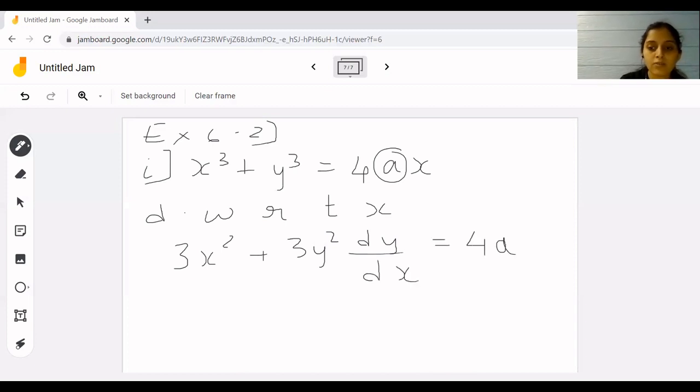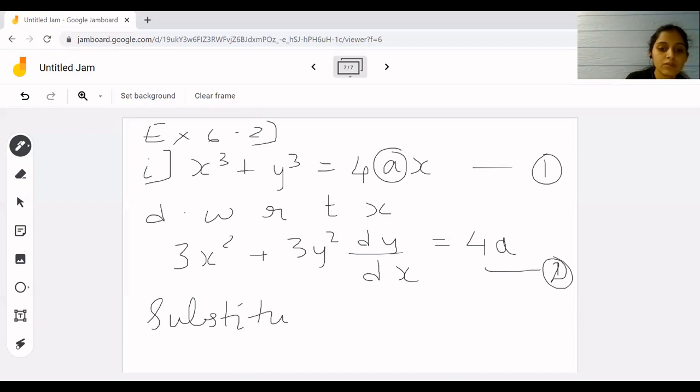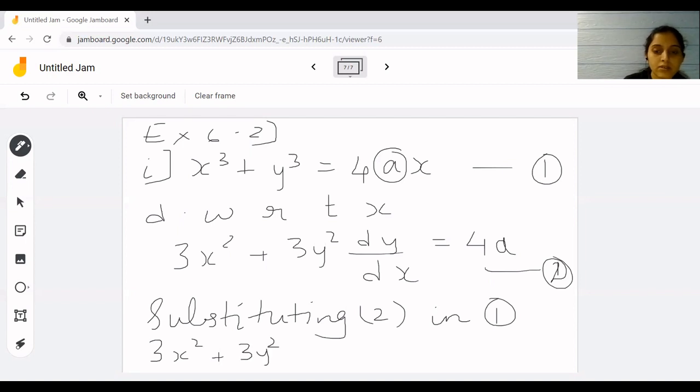And now I'll mark this as equation 2 and this as equation 1 and substituting 2 in 1. Why substituting 2 in 1? I told you we have to remove the arbitrary constant 4a. So substituting 2 in 1, let us put the value of 4a.